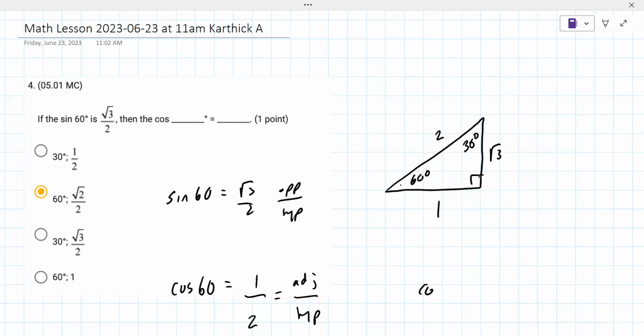So in this case, the cosine of 30 is the square root of 3 over 2. So it looks like that's the right answer.